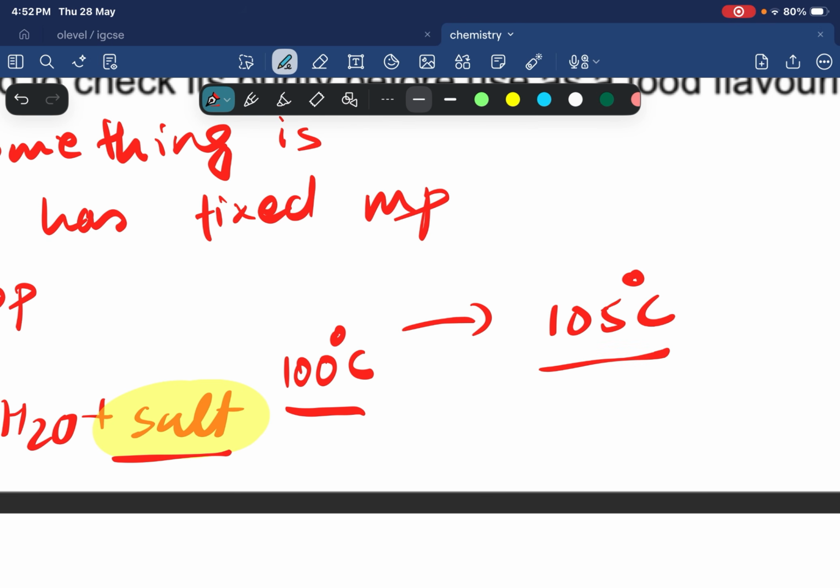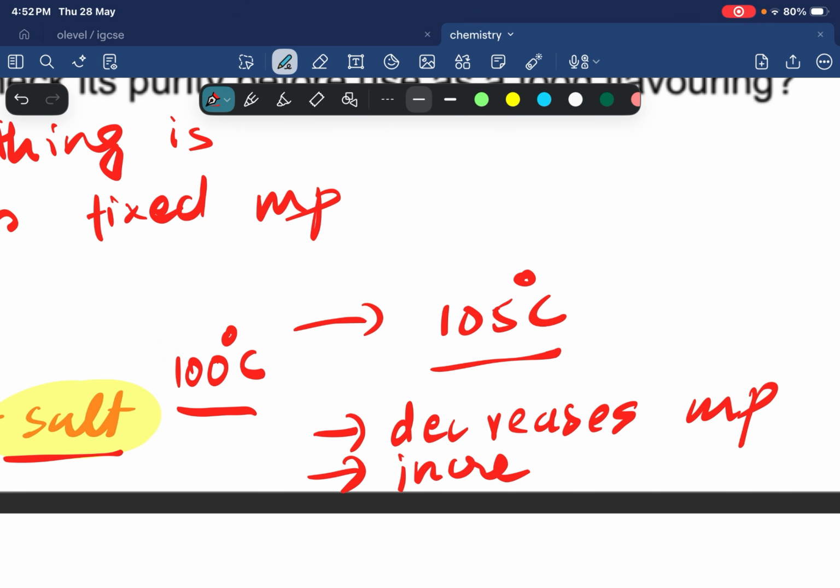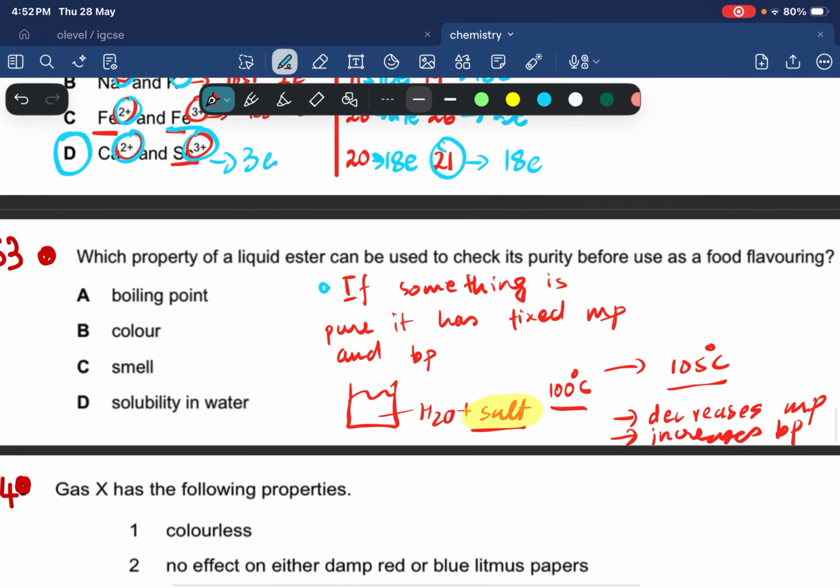So I know that my water is impure, okay. Impurity decreases the melting point, and it increases the boiling point.